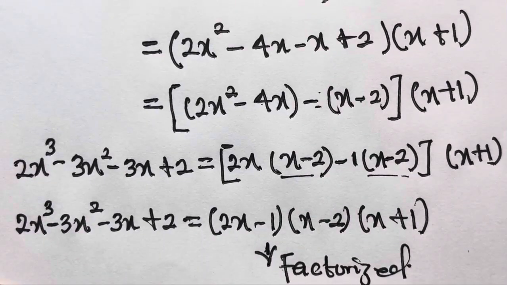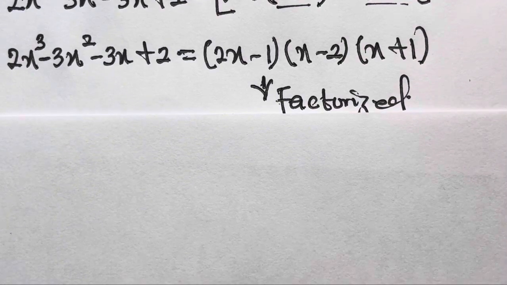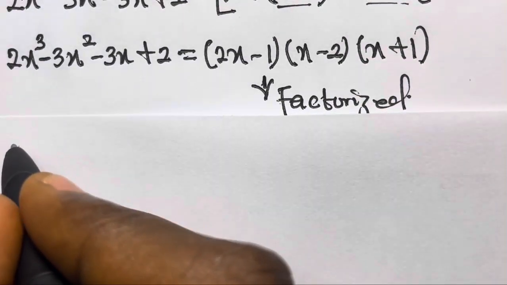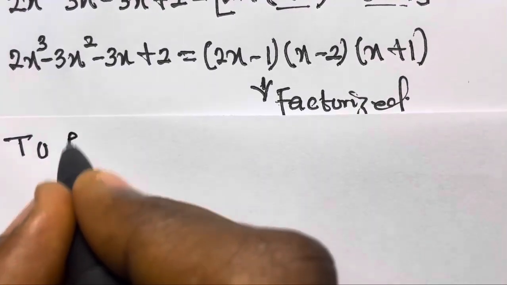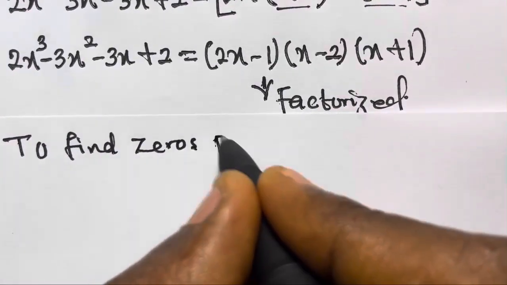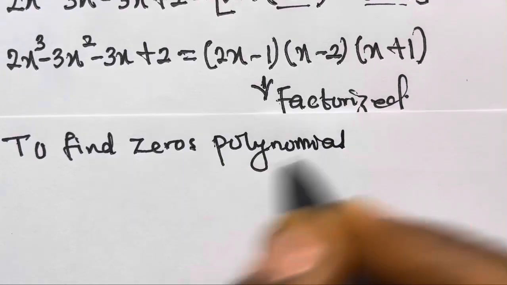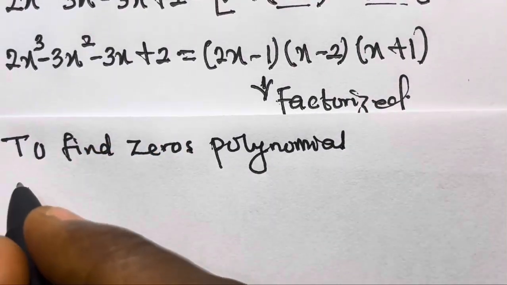So if you answer the first question, the second question says we should find the zeros of the polynomial.